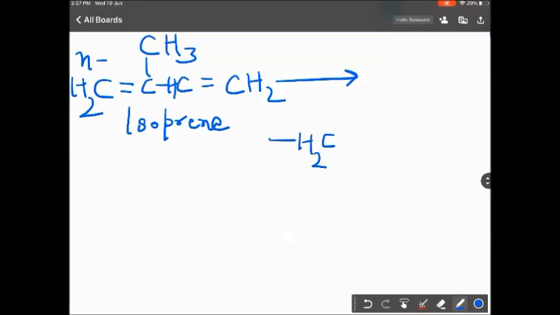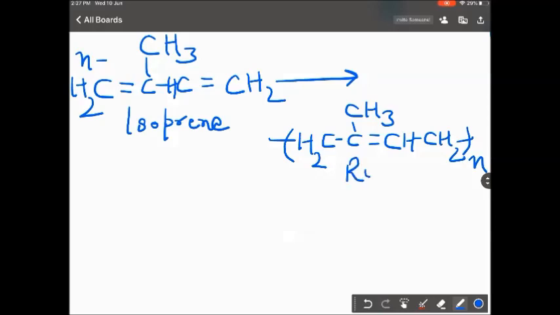Here it binds with another molecule on the other side, CH3. A new double bond is formed here, CH, CH2 and N times. So this is the polymer, that is rubber.